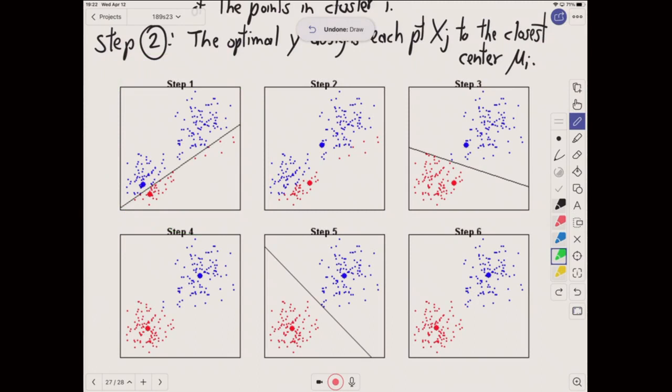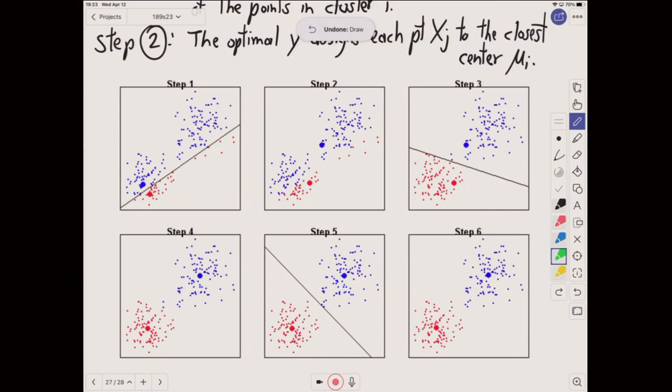Then in step 2, you'll notice that we are computing new means. So we have moved the two means to new locations. The colors of the points haven't changed, though. That happened in step 3. Now, notice the means are still in the same location as in step 2, but we've recolored all the points.